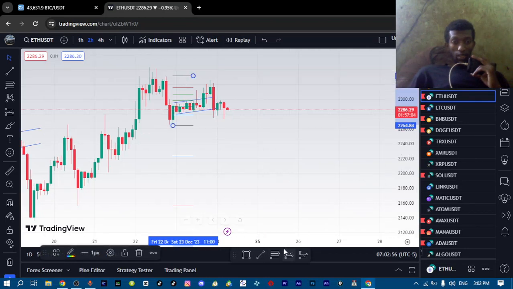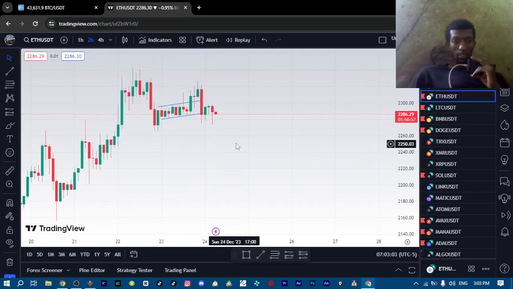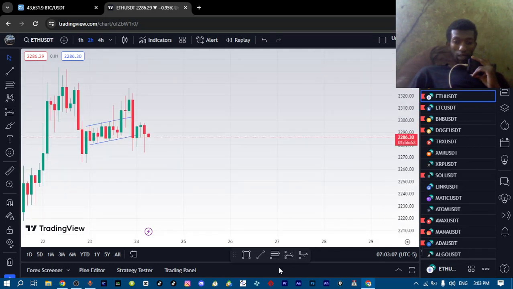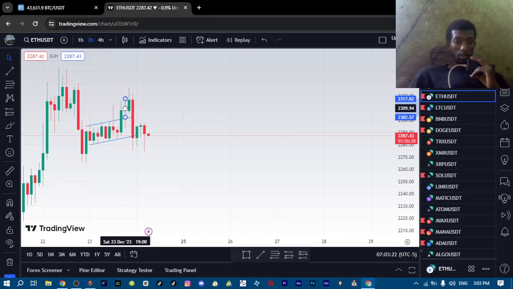So the strategy here did work. It did hit the TP. The TP can be calculated by using this method. You measure the height of this consolidation area, and then you project it to where it broke the consolidation right there.